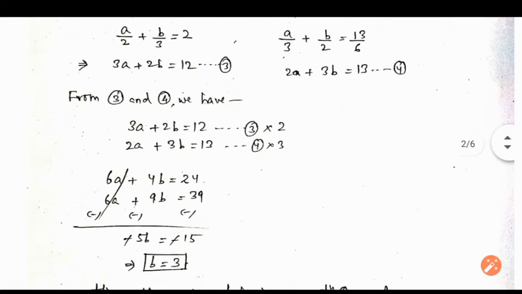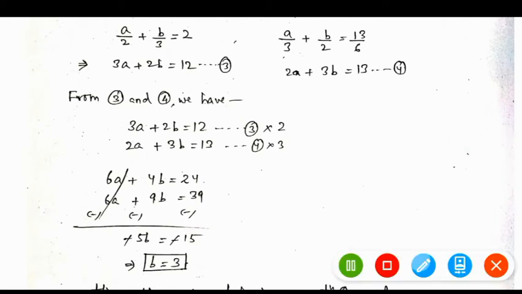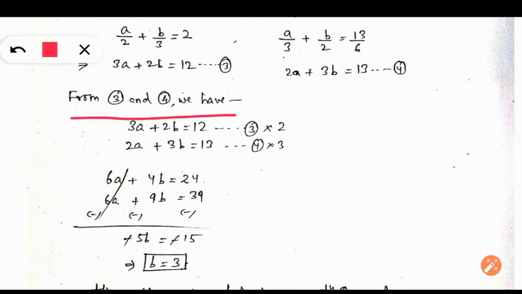Now we are able to solve these two equations. Now I am going to use method of elimination in order to solve these two equations. So I have multiplied equation 3 with 2 and equation 4 with 3.